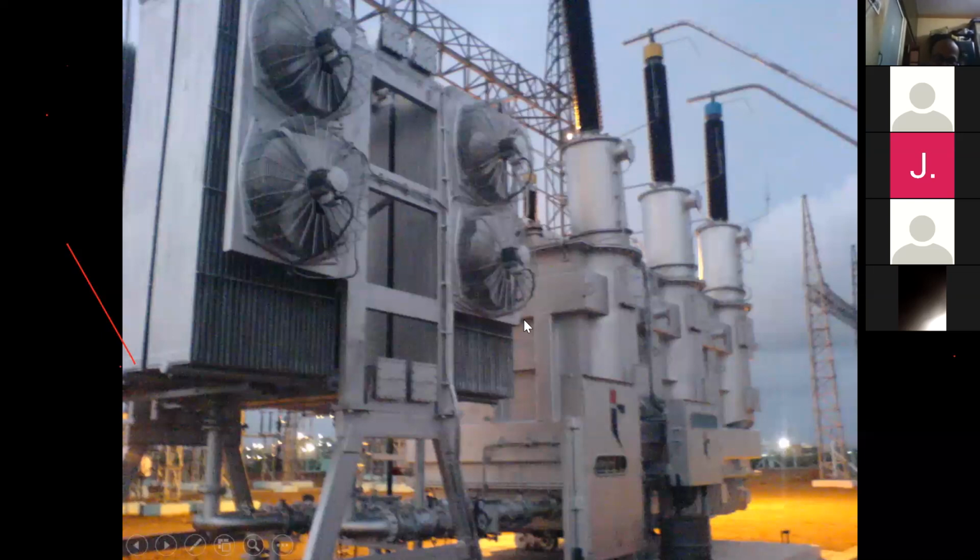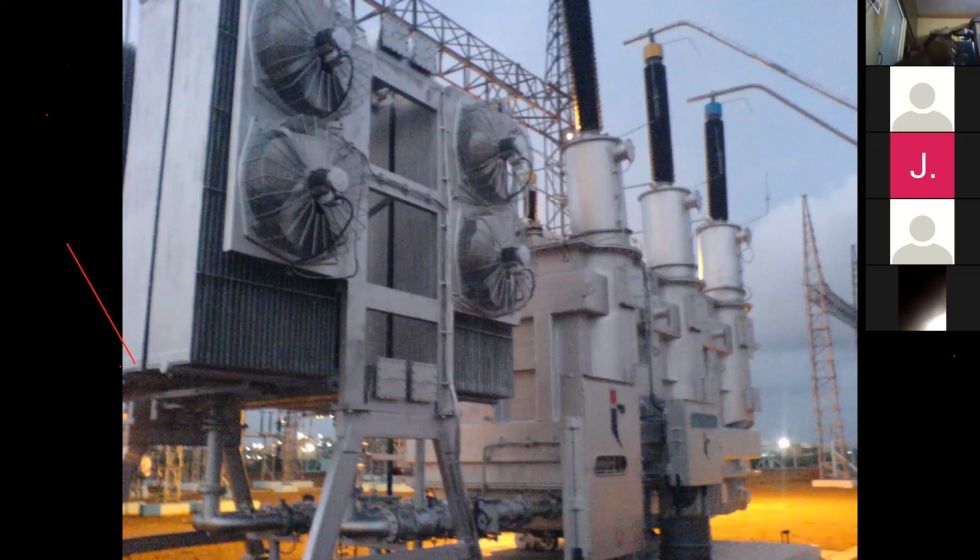The transformer has oil cooling fans with air blast. Based on the cooling system, we can define transformers in 4 ways: air cooled, oil cooled, air blast oil cooled, or even self cooled.